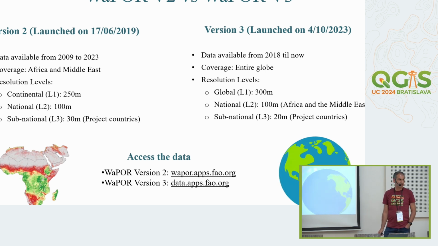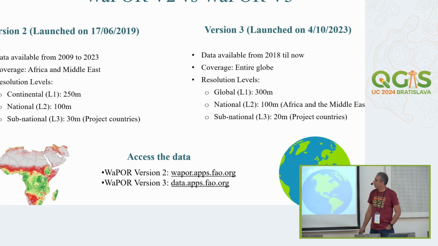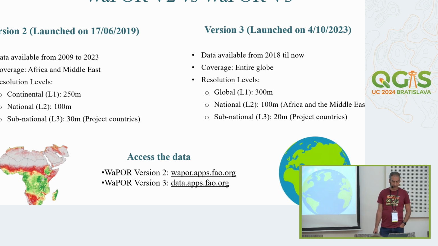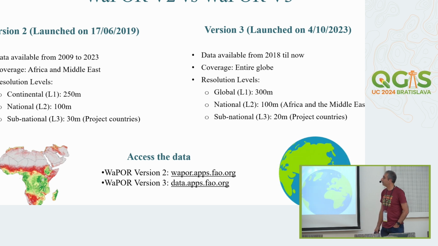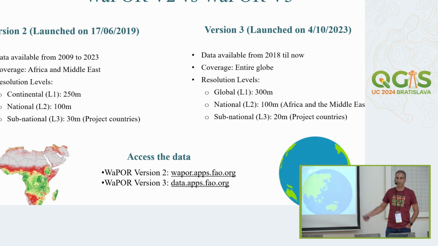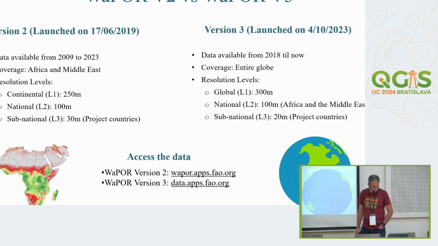And the resolution levels were 250 meters, the continental scale, and then a national level of 100 meters, and subnational for certain selected countries from the WaPOR project have data for 30 meters available. And with IHE Delft, where I work, we are the partner in this with FAO and organizations that provide the data to do capacity development and development of tools and dissemination of this product.